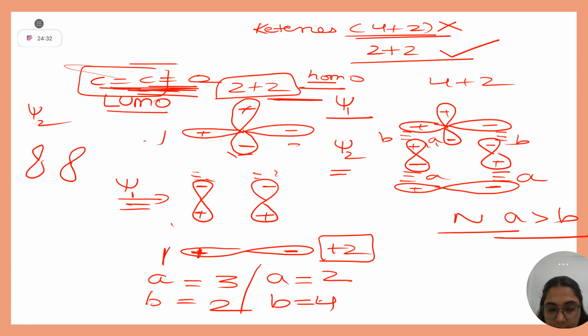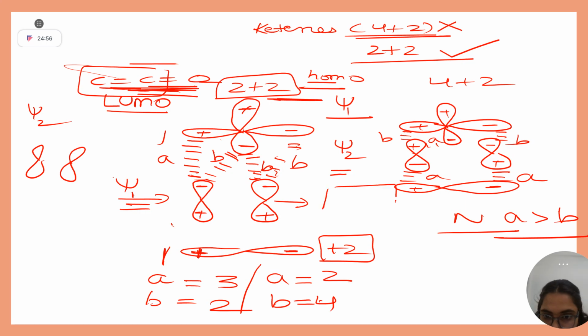Yes, ma'am, it is understood. Now I am checking the total number of bonding and anti-bonding interactions. So positive, negative, anti-bonding; negative, negative, bonding; negative, negative, bonding. This is your bonding. Clear? Now this is your olefin, simple ethylene.